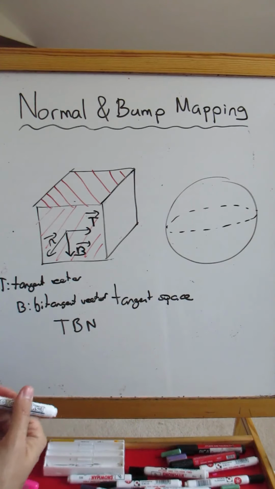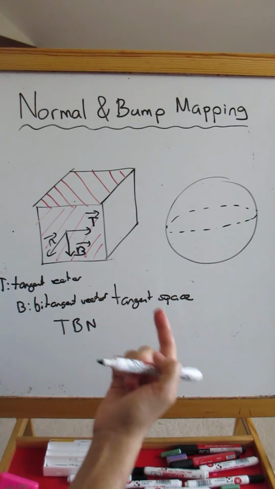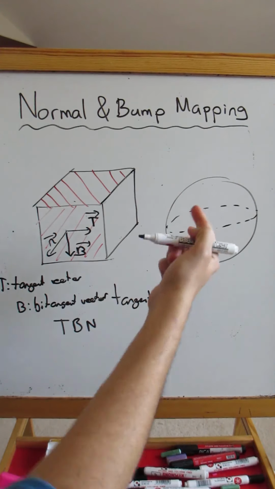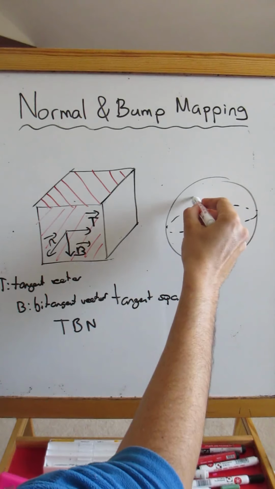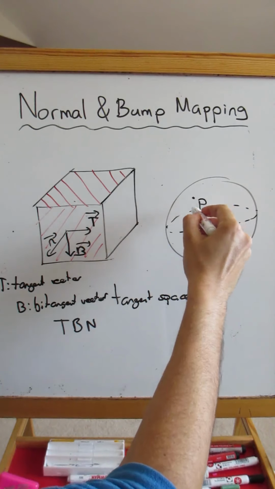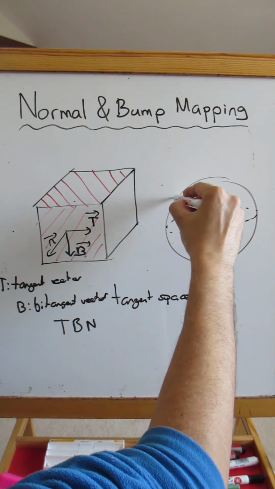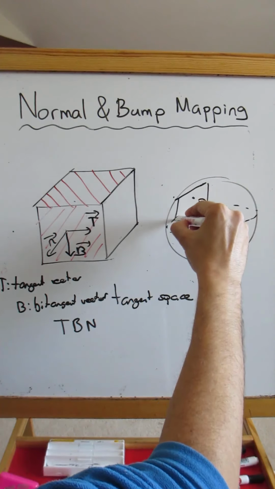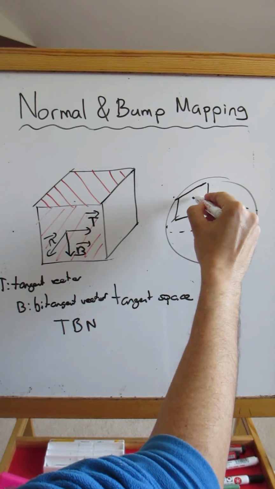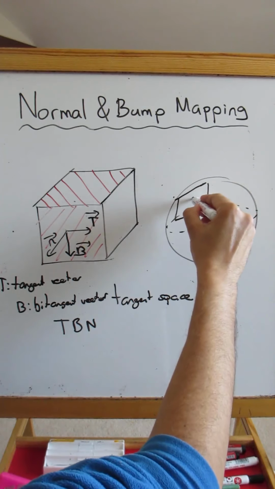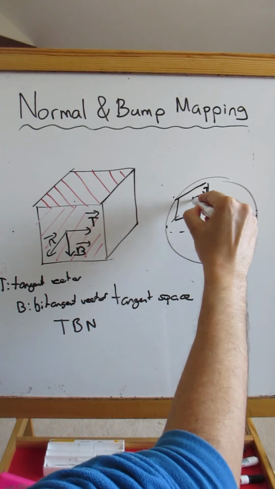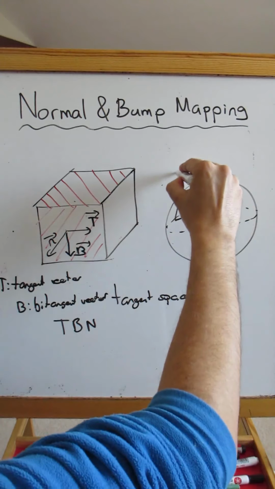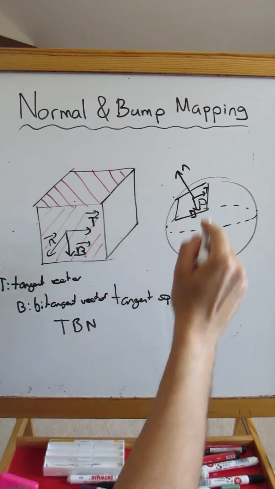Now, the tangent plane can be defined for any type of surface, including the sphere that we have. Let's take this point, for example, point P on the sphere. We can compute the tangent plane. Let's say this is the tangent plane. We can have the T and B vectors, and this is the surface normal.